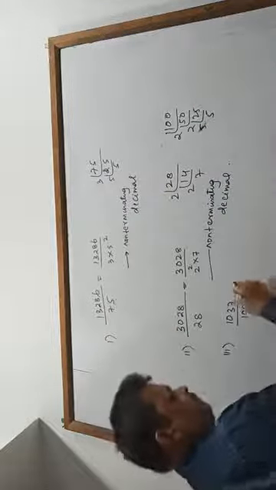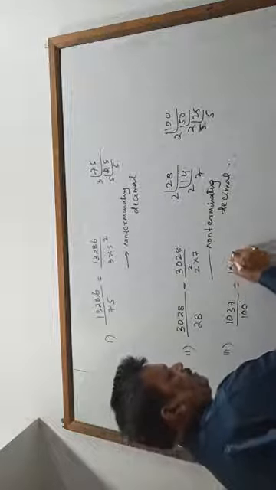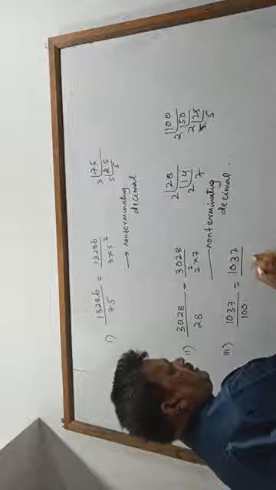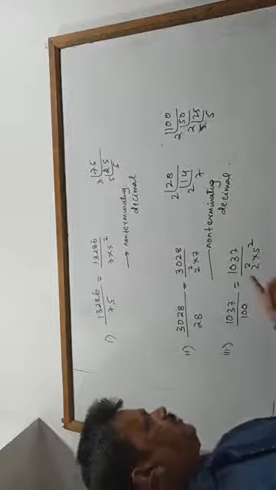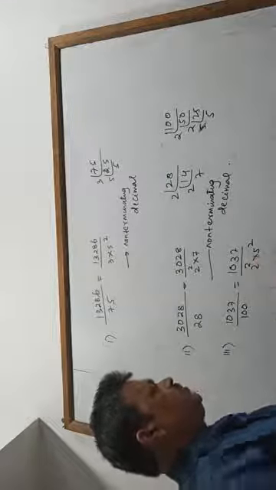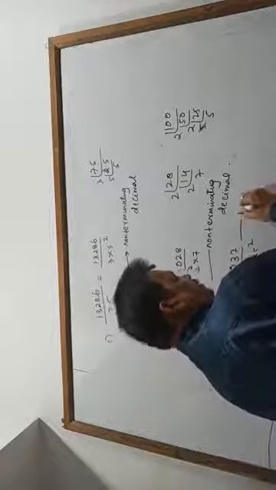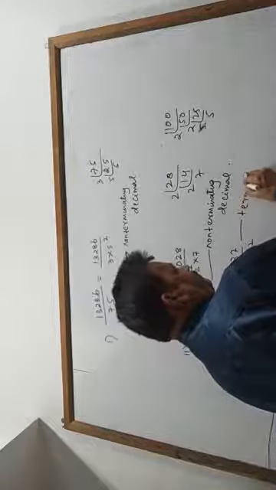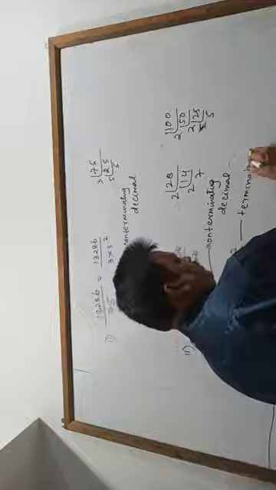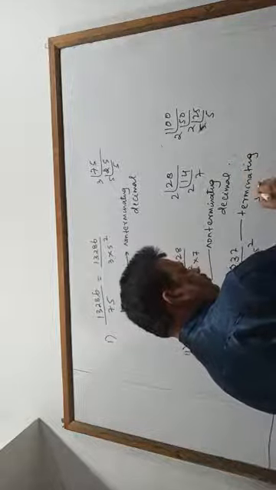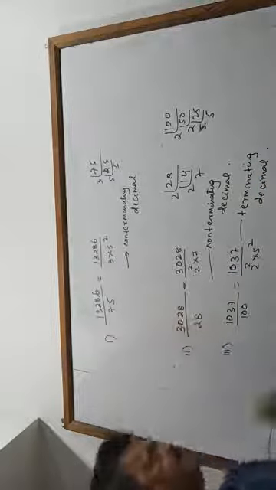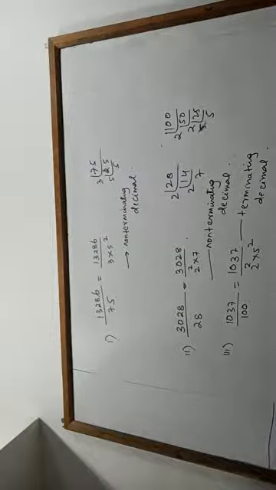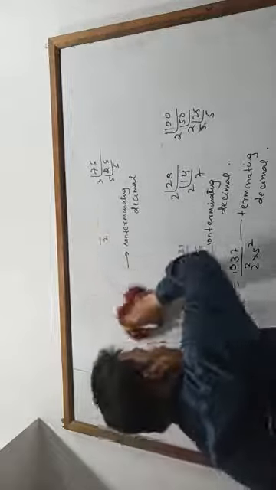That is 1037 divided by 2 square into 5 square. So if it is both factor of 2 and 5 also, that will be terminating decimal.